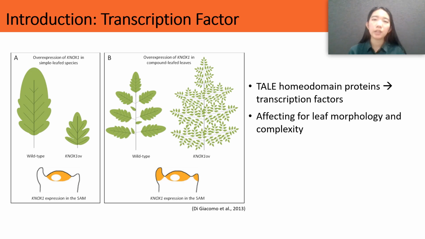In a study, the overexpression of the KNOX1 gene, which is part of the TALE homeodomain proteins, changes the leaf shape, and it was done in two different plant species that have two different leaf morphologies. In figure A over here, the overexpression of KNOX1 in a simple leaf species creates a more serrated and smaller leaf, while the overexpression of KNOX1 in a compound leaf species creates a more complex leaf with more divisions.